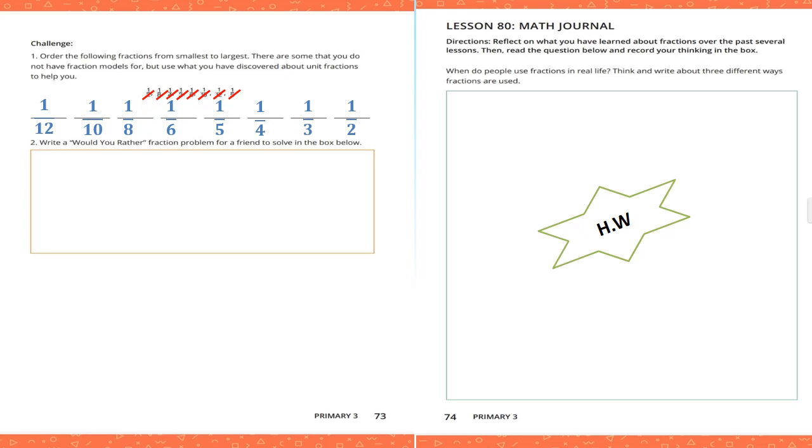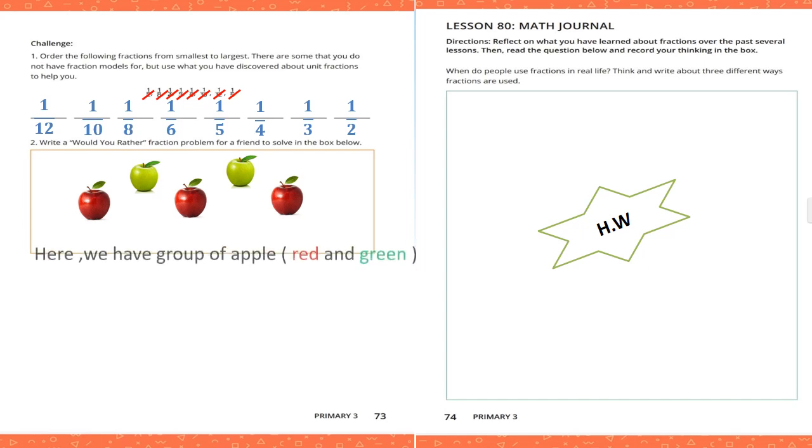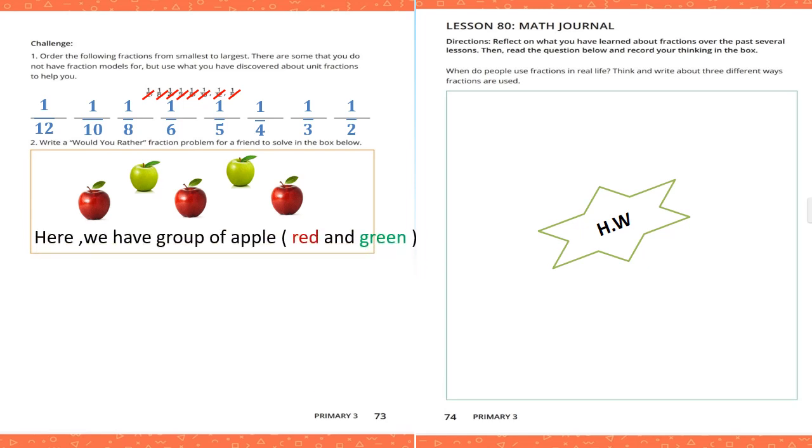Here he wants you to write a story problem like we did before. Here we have a group of apples, red and green.